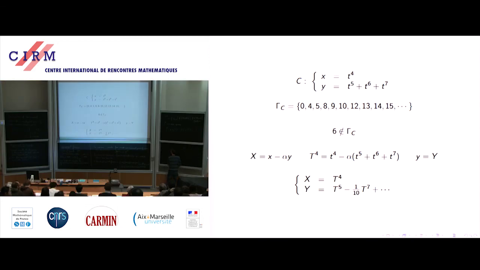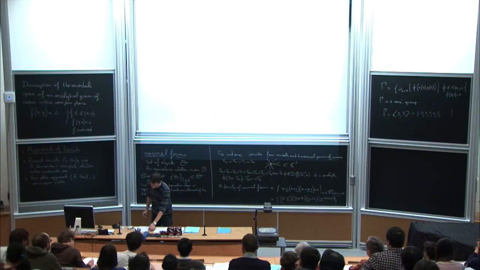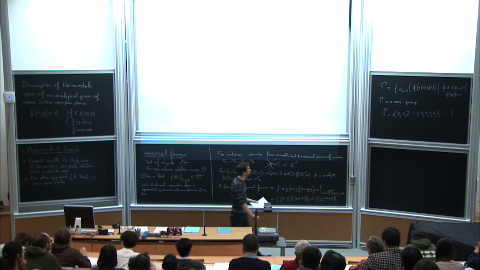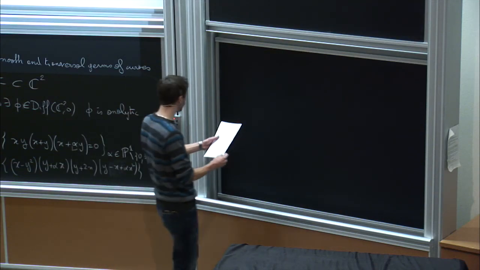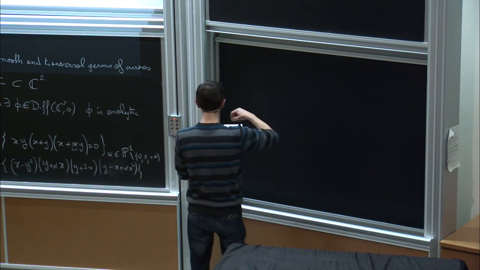Zariski introduced another set of integers, which is the following. This is not anymore a semi-group, but with that new set of integers, we are going to be able to construct a new elimination criterion.